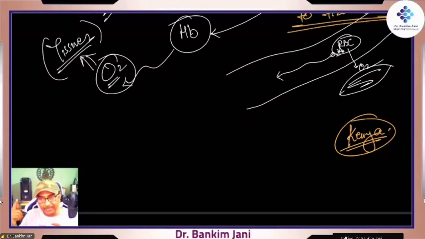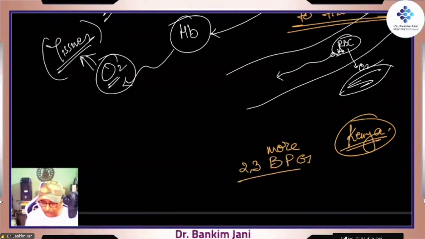Now, because they are at a higher altitude, the oxygen is released more, because as I said, there is less oxygen. So there is more 2,3-bisphosphoglycerate at high altitude.